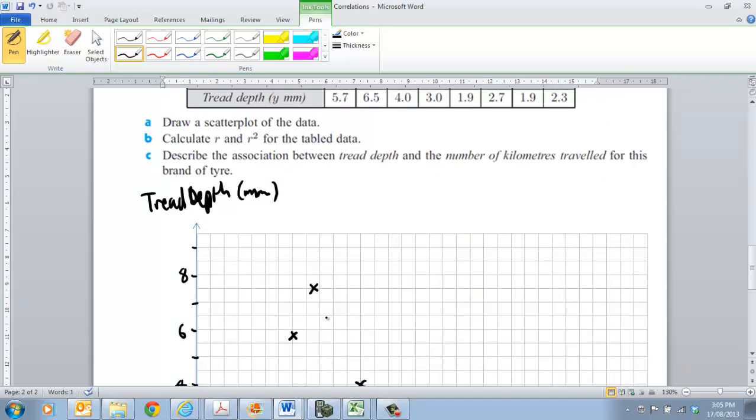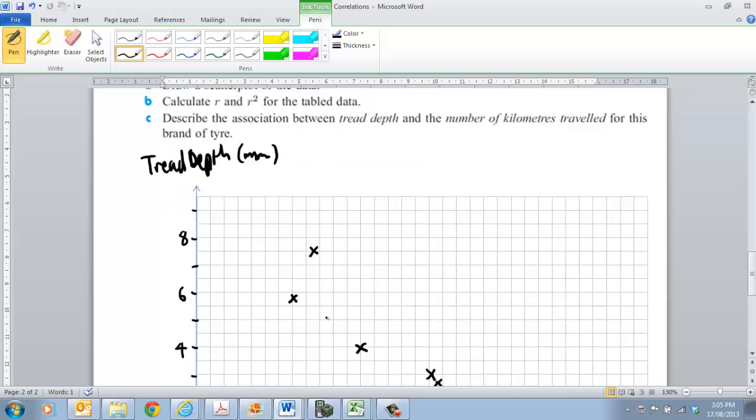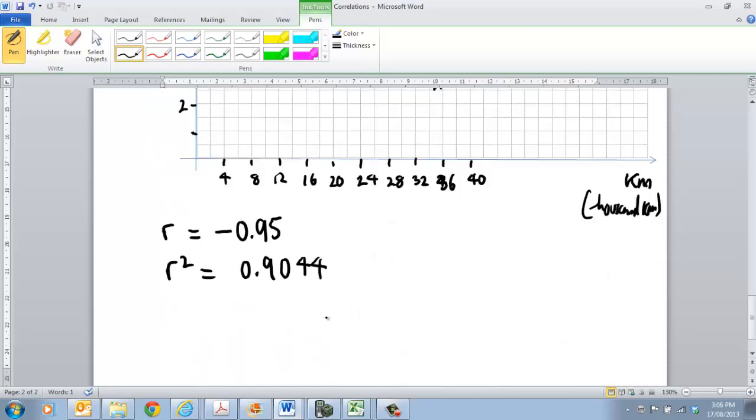Describe the association between tread depth and the number of kilometres travelled by a brand. Now this is the important bit, is to show that you understand the correlation.